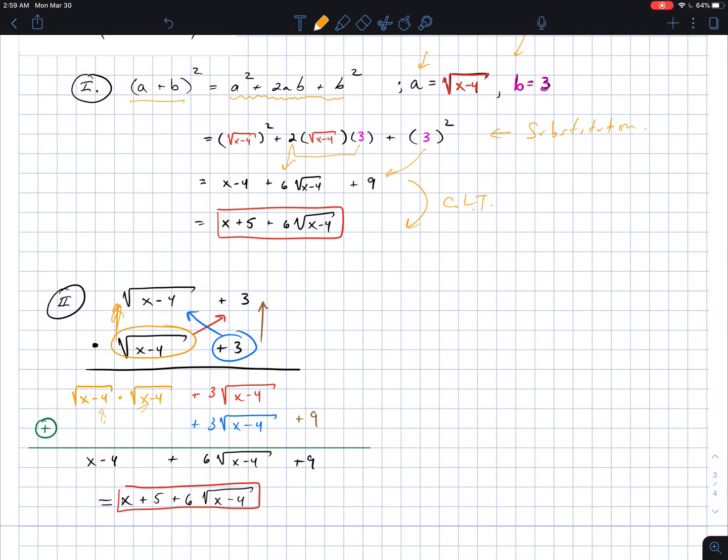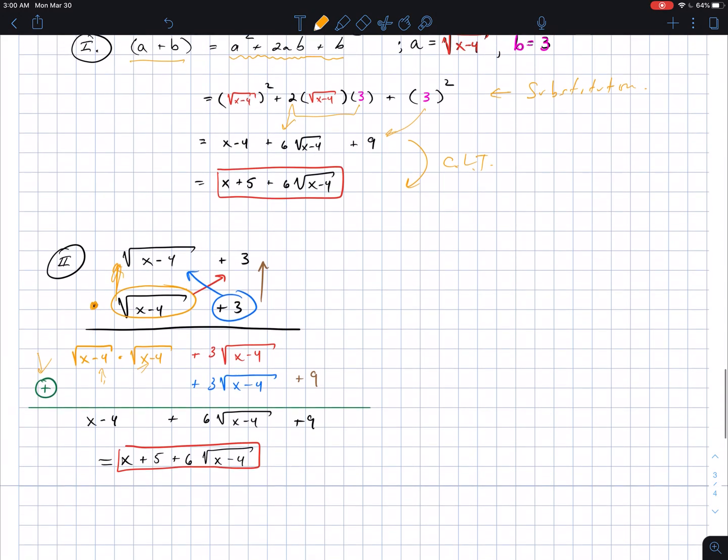And then I did the square root of x minus 4 times 3, and I got 3 root x minus 4. Same thing on the other side in blue, and the last one in brown. And when you combine all of them, remember we're multiplying, right? We're multiplying, right? And then we add. So just classic multiplication. And that'll do it for now.